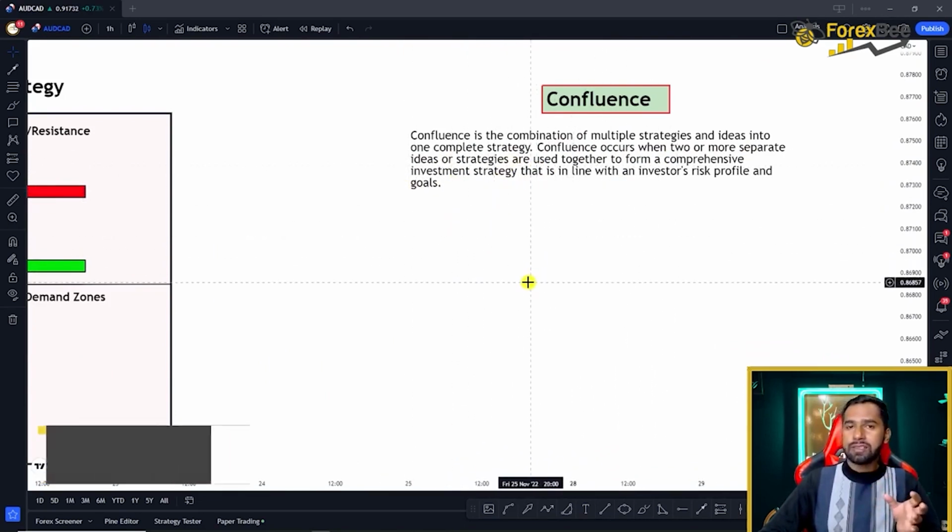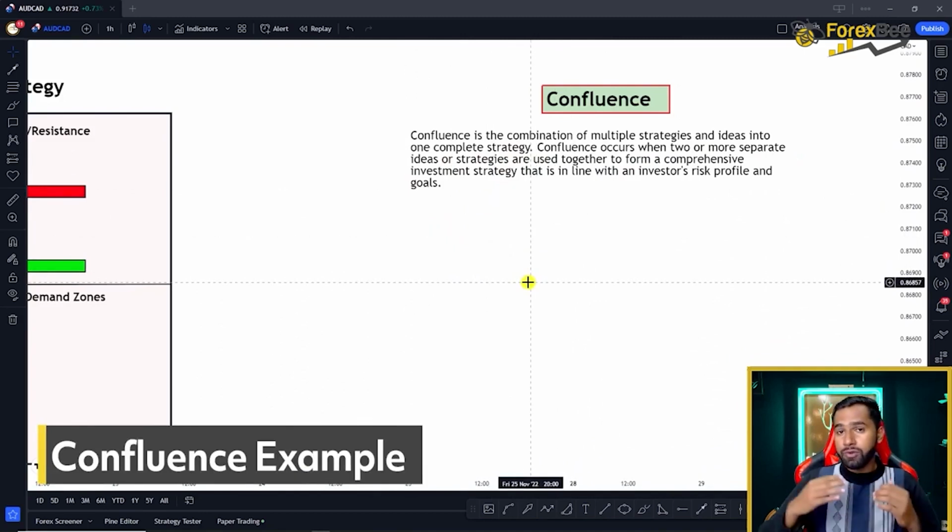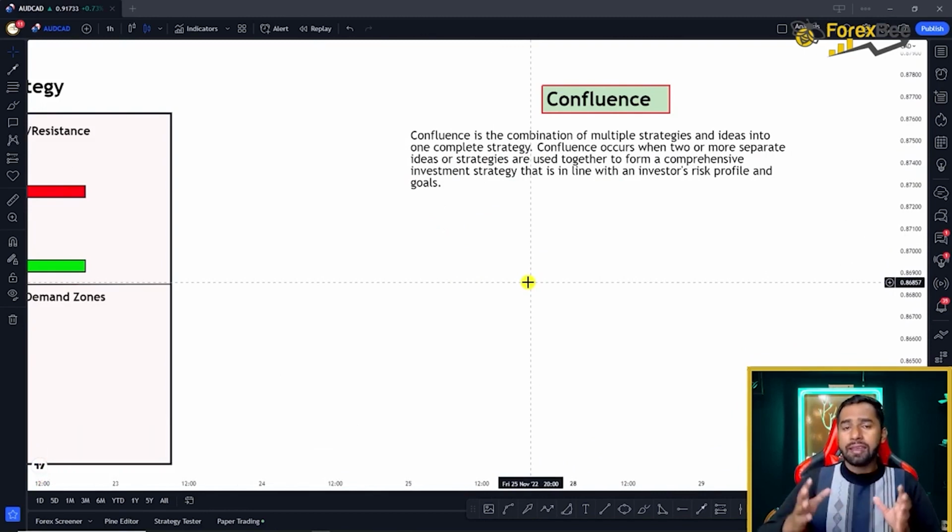So what this means is, let's say you're trading on the basis of a single strategy. That strategy could be based on any analysis like RSI, MACD, candlestick patterns, but you're only taking into consideration one analysis. So let's say you're trading on the basis of RSI. Now, when you're trading with that, you will not be able to take a lot of good trades because RSI on its own does not work really well.